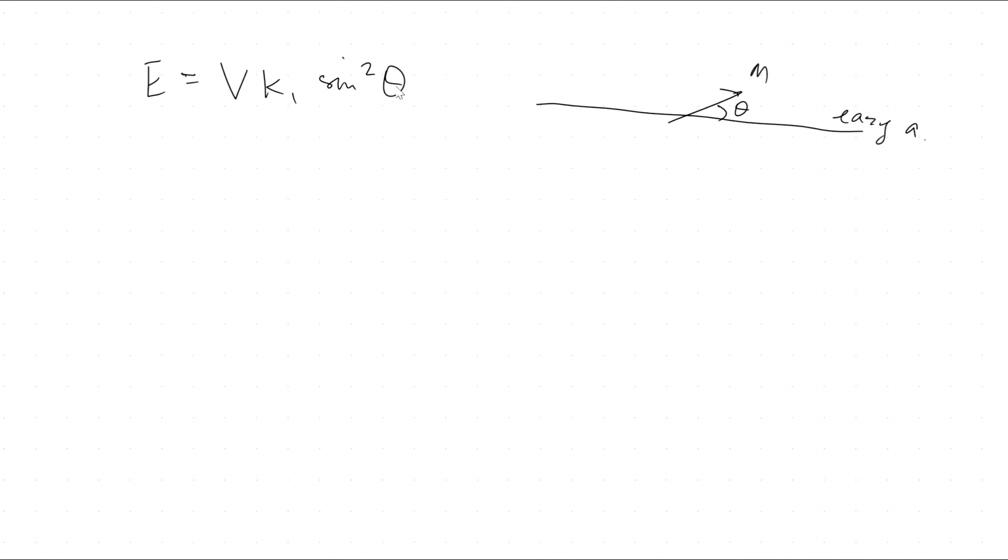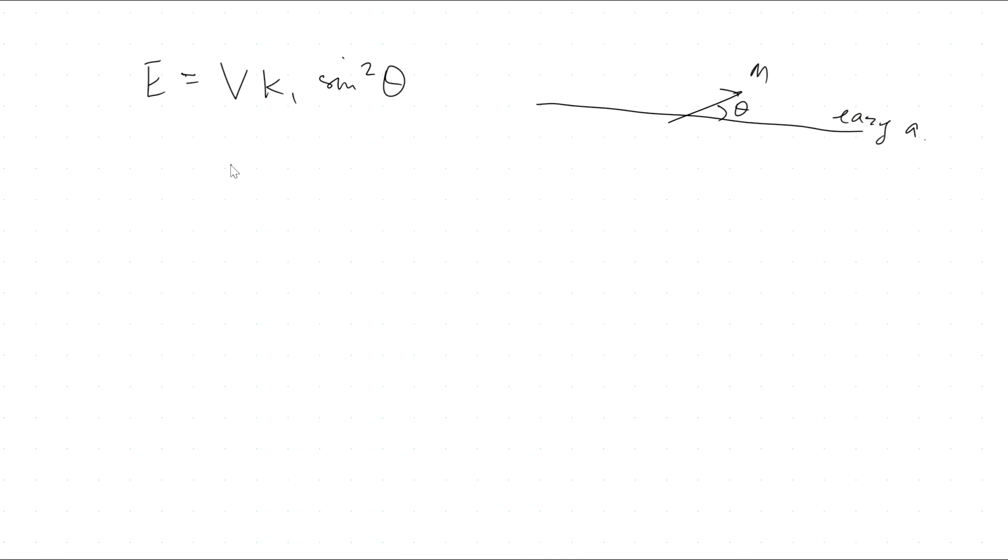Basically, the further away we tilt the magnetization from the easy axis, the higher the energy. Our system wants to be in the lowest energy state. Therefore, it wants to minimize this, and if K is greater than 0, then sine theta should be equal to 0 and theta equals 0.